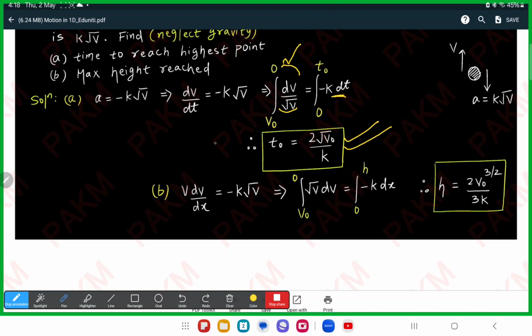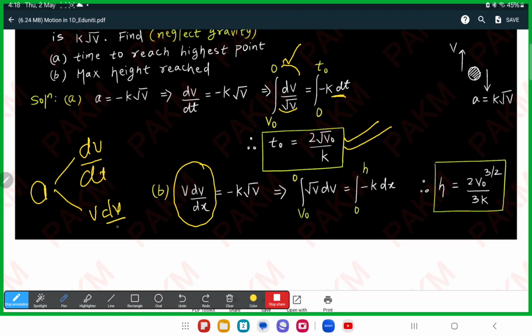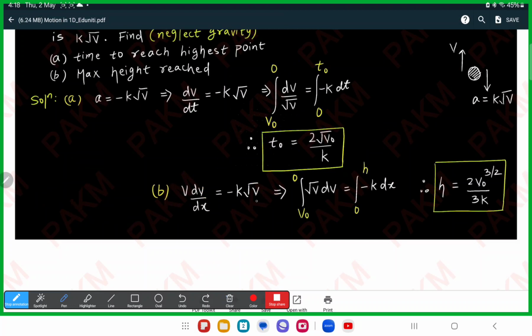Now for height, once again, I'm keeping the acceleration in terms of distance. Always remember, when you are looking for time, write acceleration with respect to time, and whenever distance is involved, this expression v dv over dx we will use. Clear? So once again the variable separable method we are going to use.